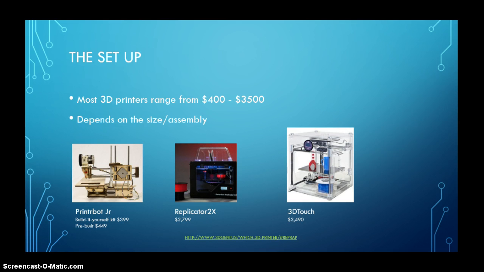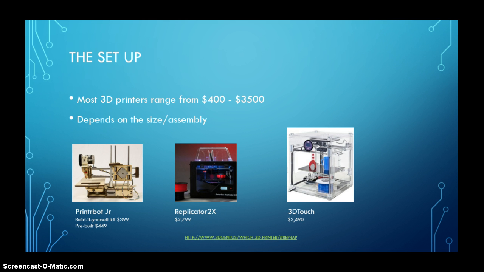Alright, so let's talk about the setup. Most 3D printers range anywhere from about $400 to $3,500. As you can see from the pictures provided, these could be anything from small little build-it-yourself kits for $399 to very advanced, complex 3D printers, probably to be used in a professional manufacturing setting, like the Replicator 2X or the 3D Touch.